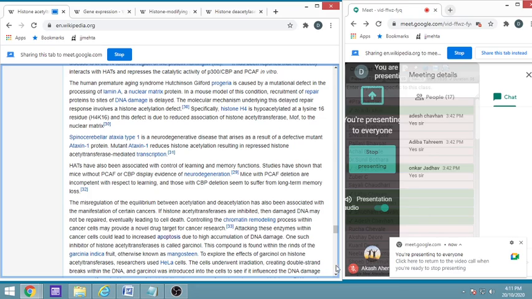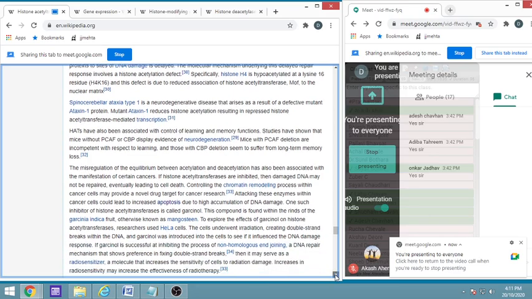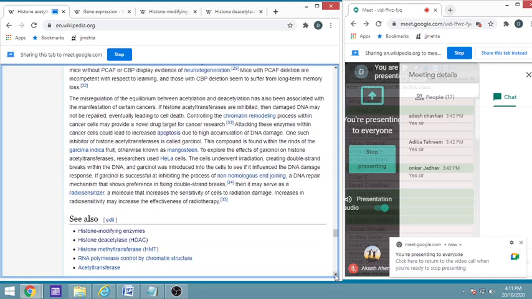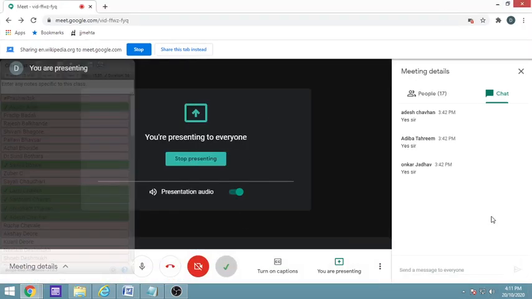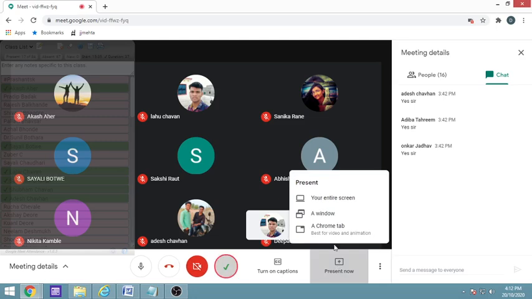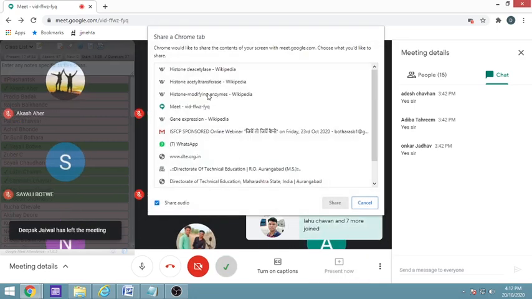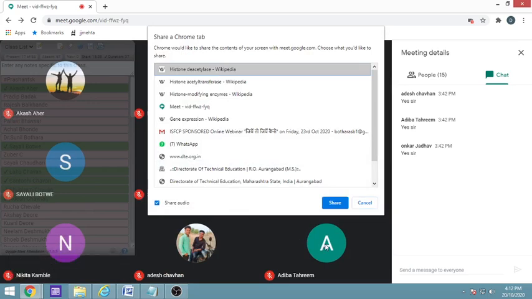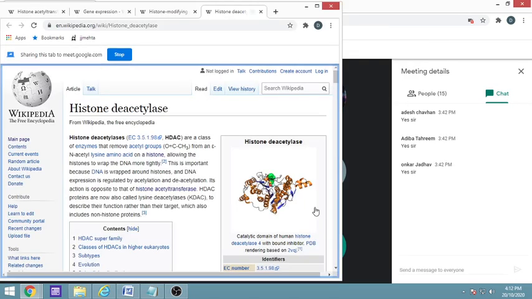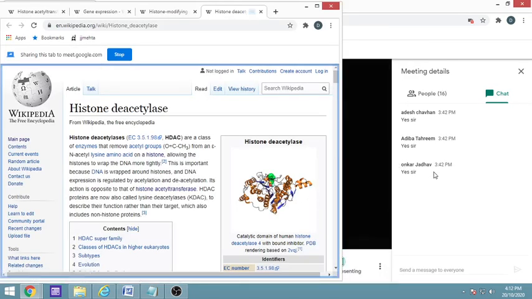Opposite to that are the histone deacetylases.